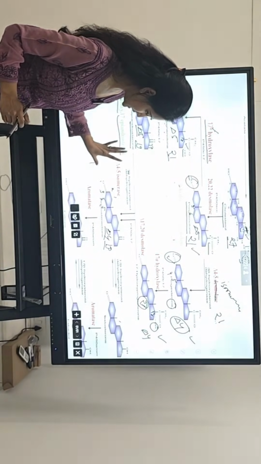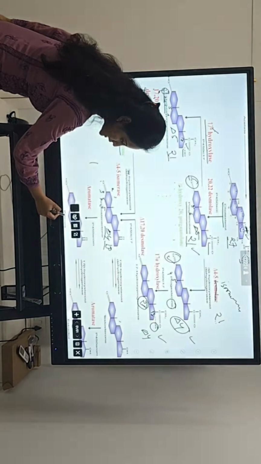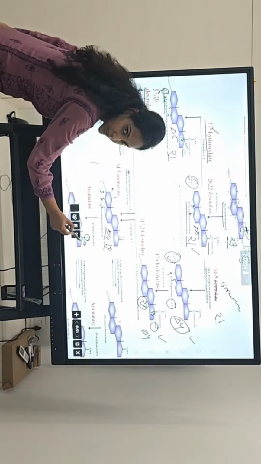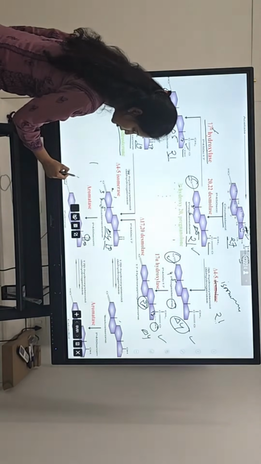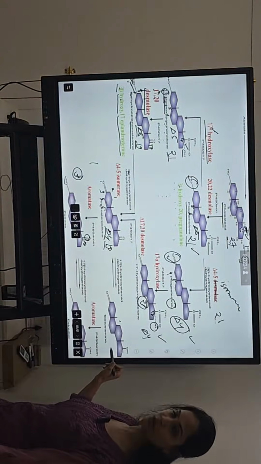This is not clearly visible, but if we look at estrone, what is there? 1 ketone group on the 17th and 1 OH group on the 3rd, right? And here this androstenedione is converted into testosterone.